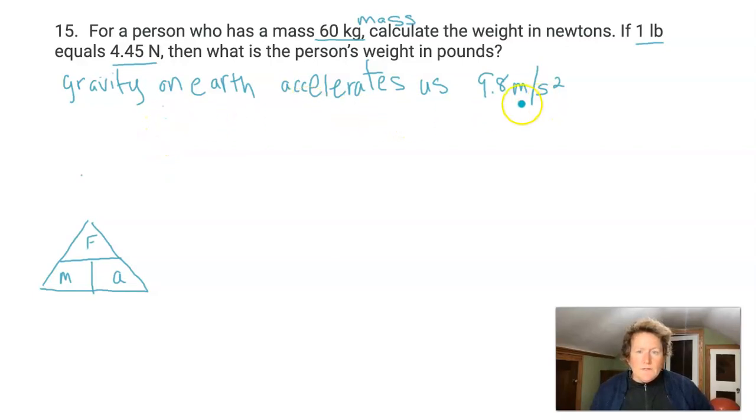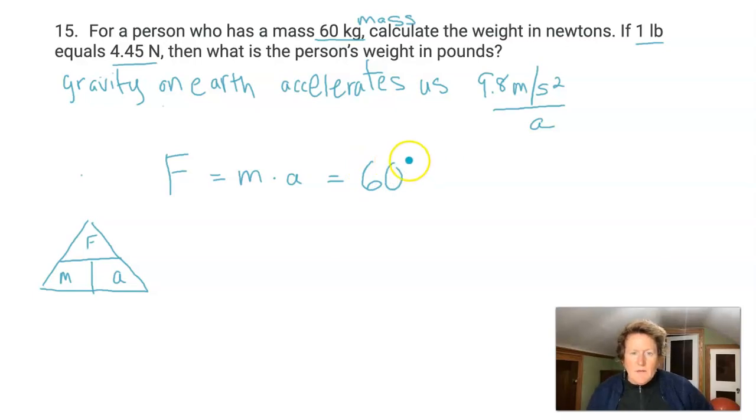So here's our acceleration. Because we live on planet Earth, this person has a mass, and so we know the force in newtons is equal to the mass times the acceleration. So in this case, it's going to be the person's mass, which is 60 kilograms, which you measure on a balance. That's a relative amount.